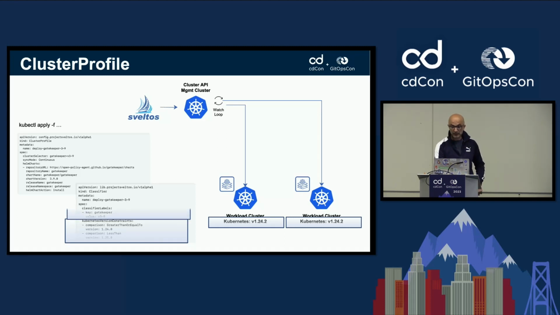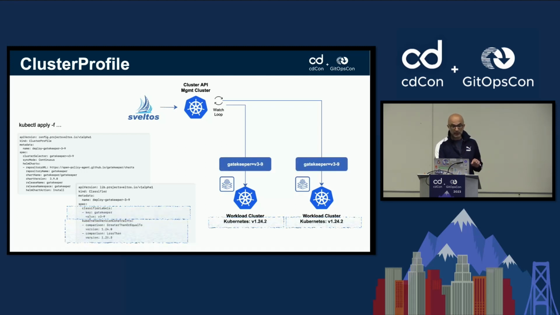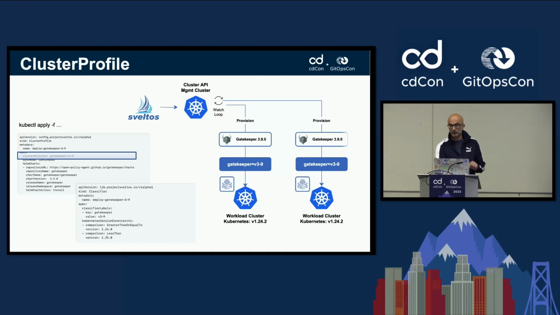Because of that, Sveltos is going to add the label gatekeeper v39 to both clusters. Because this label has been added, Sveltos is going to detect that these clusters are now a match for this cluster profile, and so we want gatekeeper v39 to be deployed in both clusters. And so this is what happens.